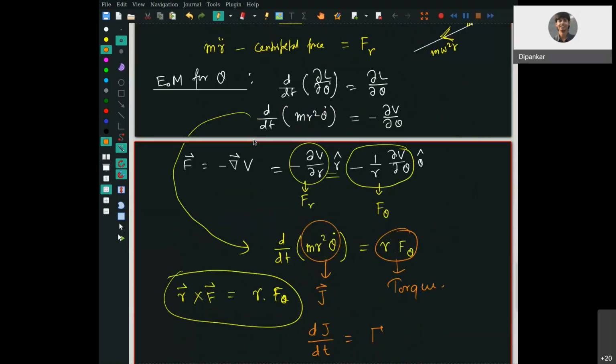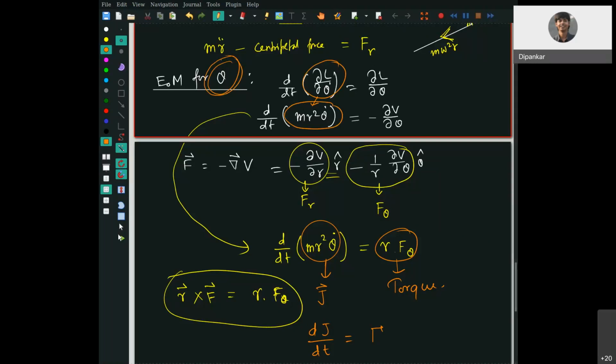When you talk about the equation of motion corresponding to theta, this theta is treated as a generalized coordinate. It's similar to q k. This theta does not have the dimension of length. Usually you have the impression that coordinates would have a dimension of length. If you have that, now it's time to get rid of that. So theta plays the role of a generalized coordinate, and the momentum corresponding to theta, which is del L del theta dot, is just the angular momentum, because theta is a coordinate associated with rotation.